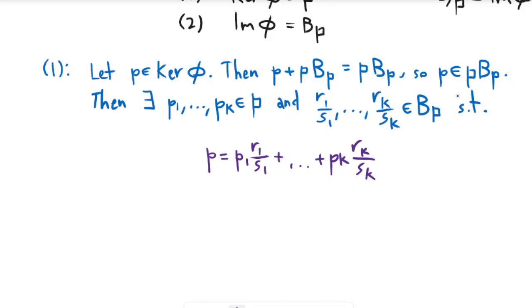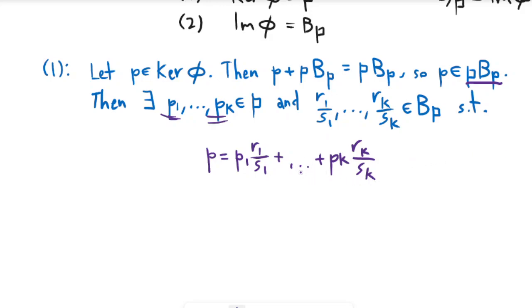Because like we said before, this ideal pBP is generated by elements of BP that are just a product of something in P, like these PIs, and then general elements of BP.